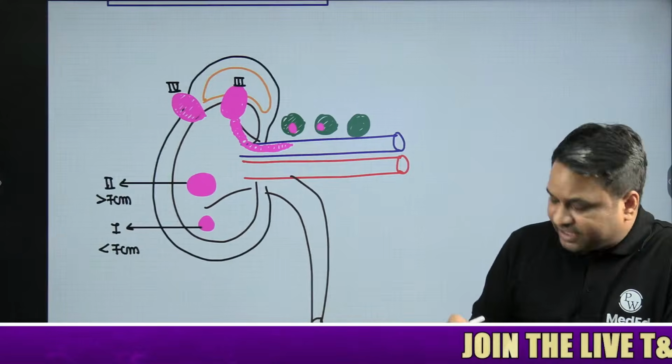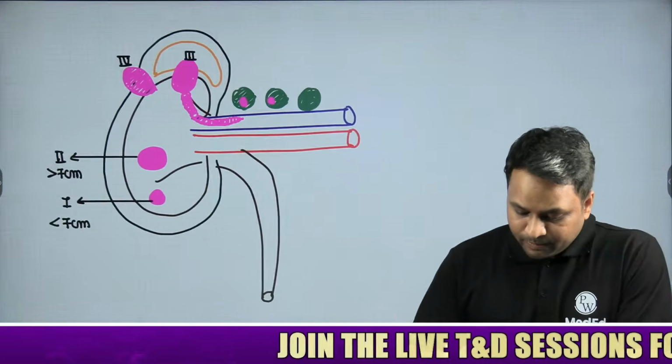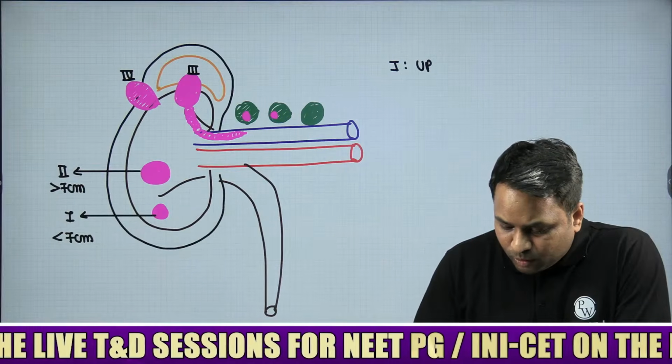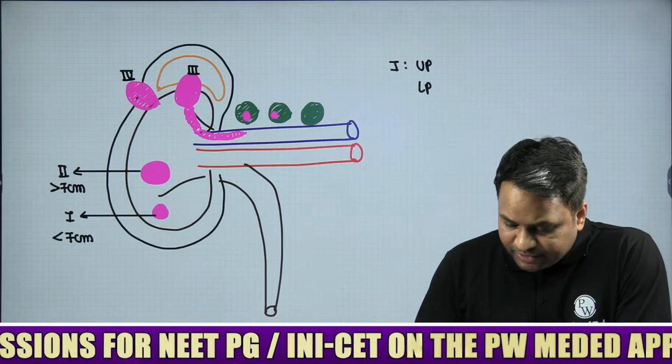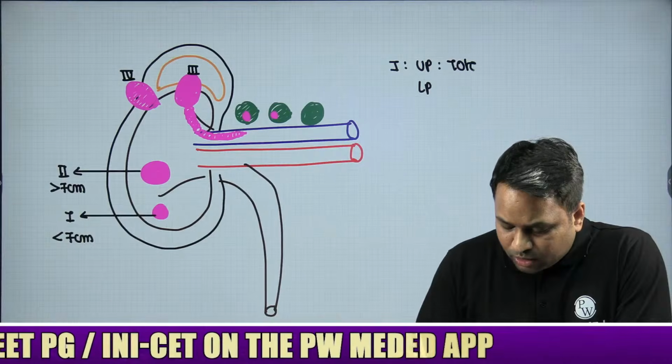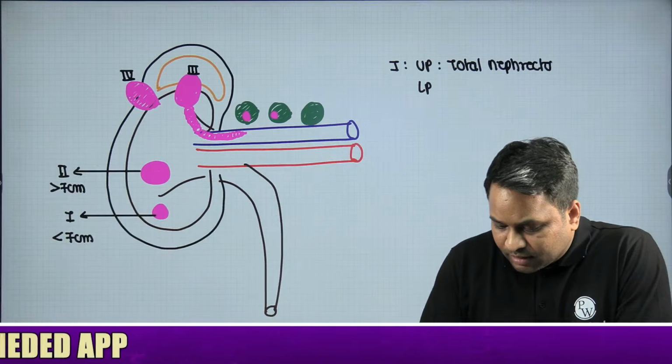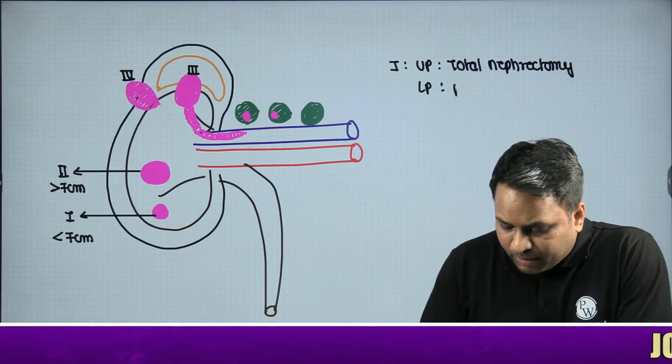Now, when you look at the management, for stage 1, we say whether it is at upper pole or lower pole. If it is upper pole, then you do a total nephrectomy. If it is a lower pole, then you do a partial nephrectomy.